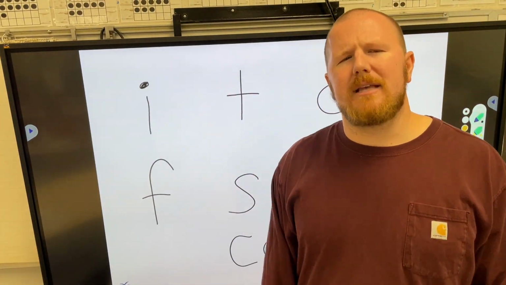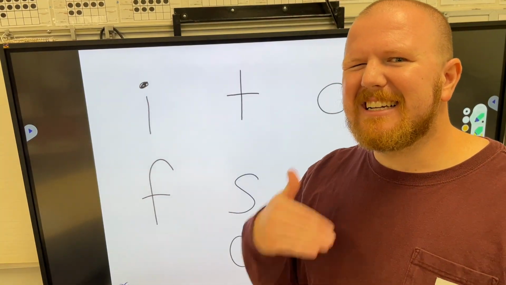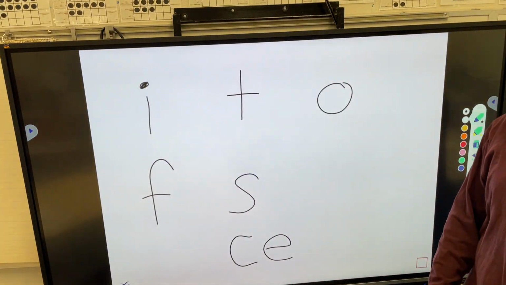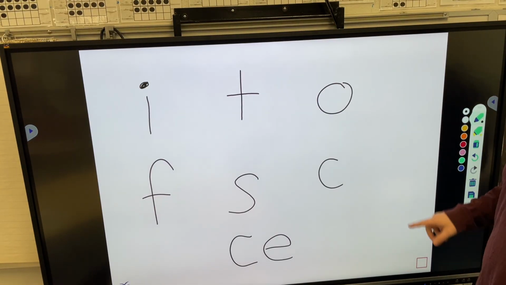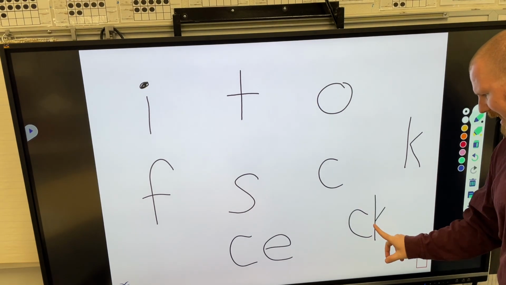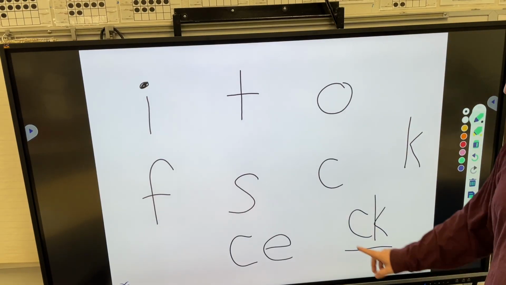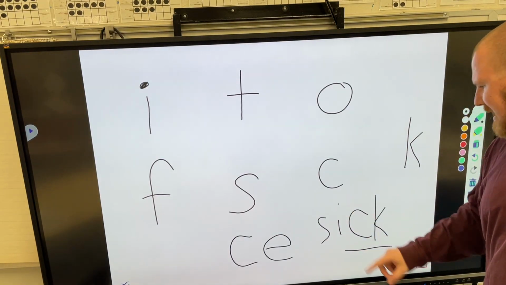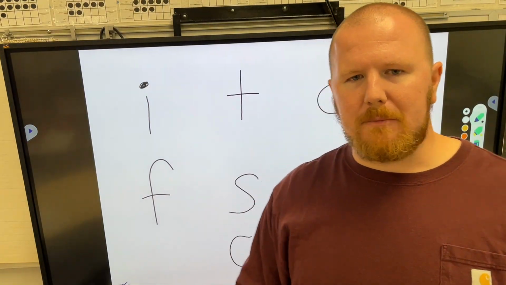Do you notice that I'm not saying K with an extra sound? And I have friends that wrote C. I see friends that wrote K. And I see some friends that wrote C and K. The digraph CK does say K after a short vowel sound like S. Great job. All right, erase your boards and go ahead and put them away.